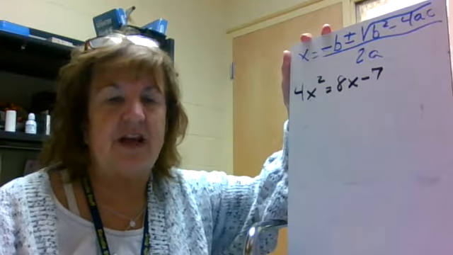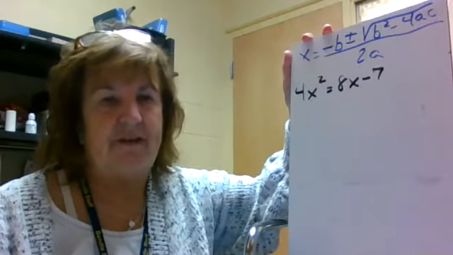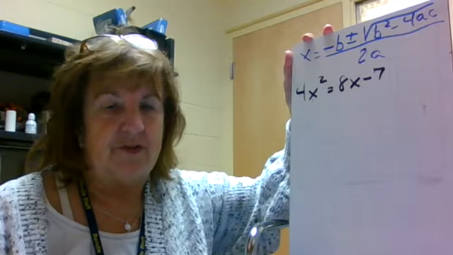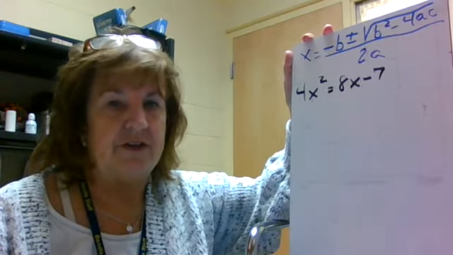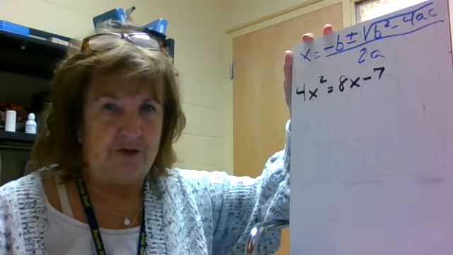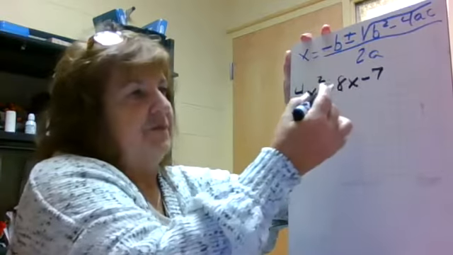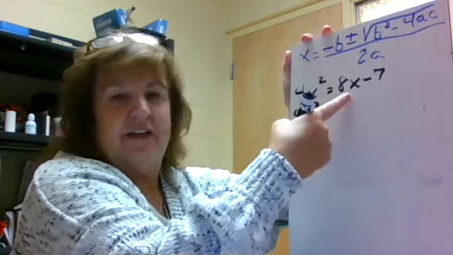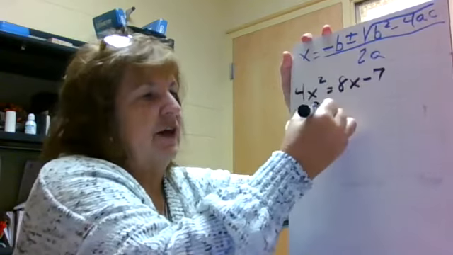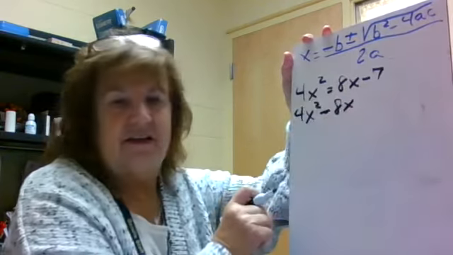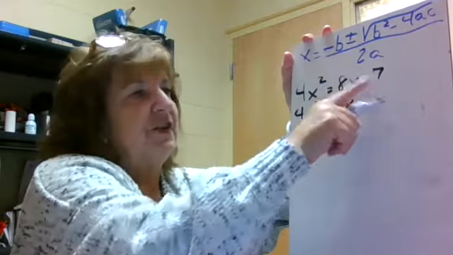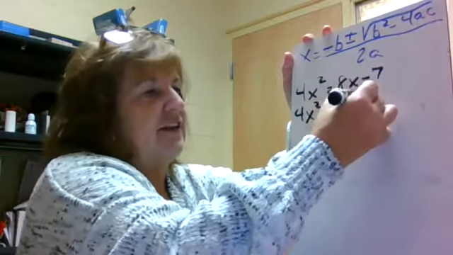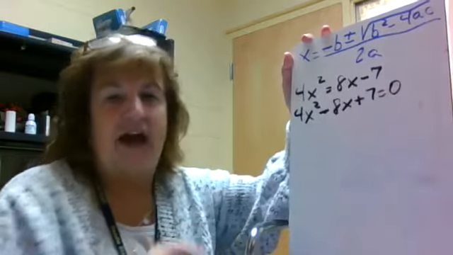Again, this is question number 8 on your quiz. Now this problem is not written in standard form, so you have to move all the terms to get it equal to 0 before you could use the formula. So I have to move the 8x. It's a positive, so if I move it, I'm going to subtract it. And I have to move the -7. And because it is a subtraction, you're going to add it. Now it's in standard form.